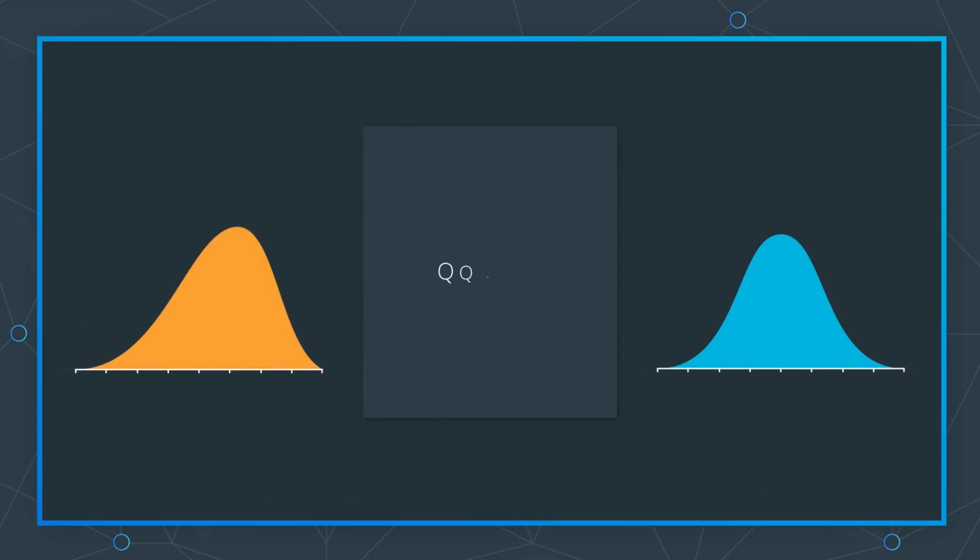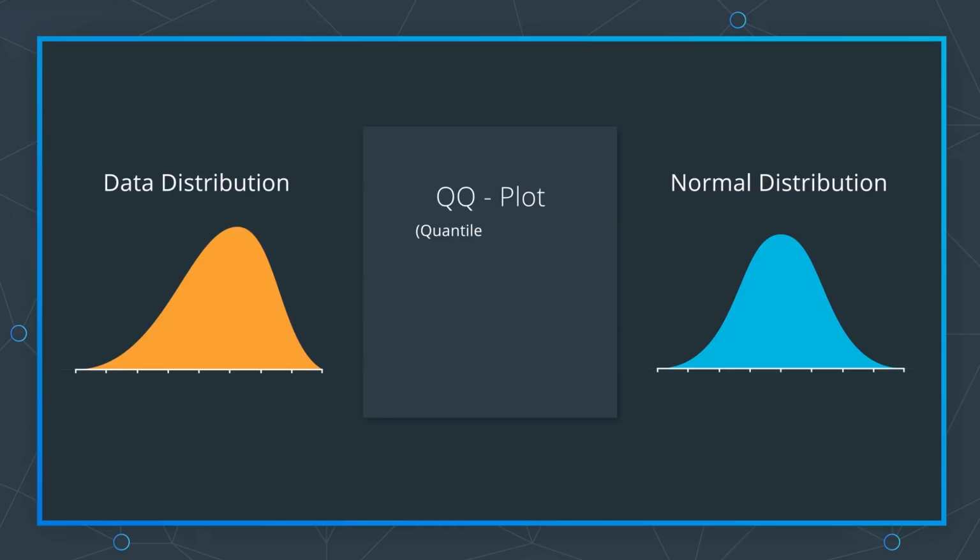To do a more thorough check for normality, we can use a QQ plot. The QQ plot checks if the shape of the data matches the shape of our probability density function. The first Q in QQ plot stands for quantile. The second Q in QQ plot also stands for quantile. Common quantiles are quartiles, deciles, and percentiles.